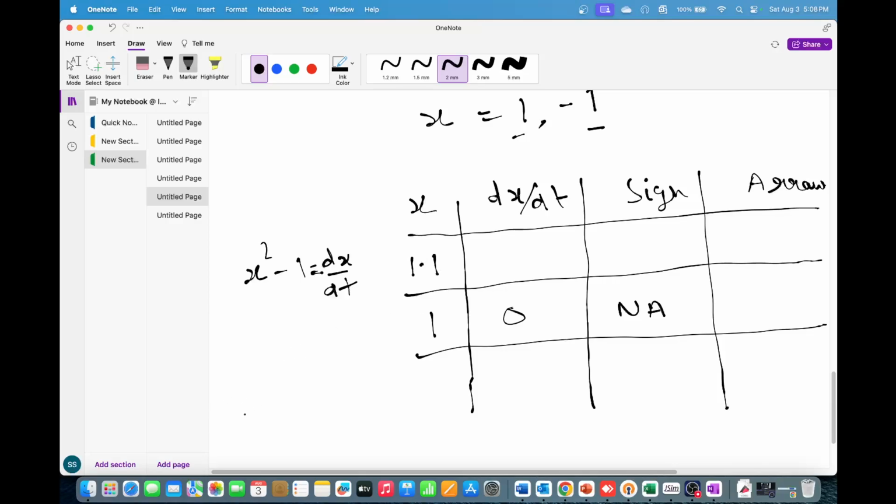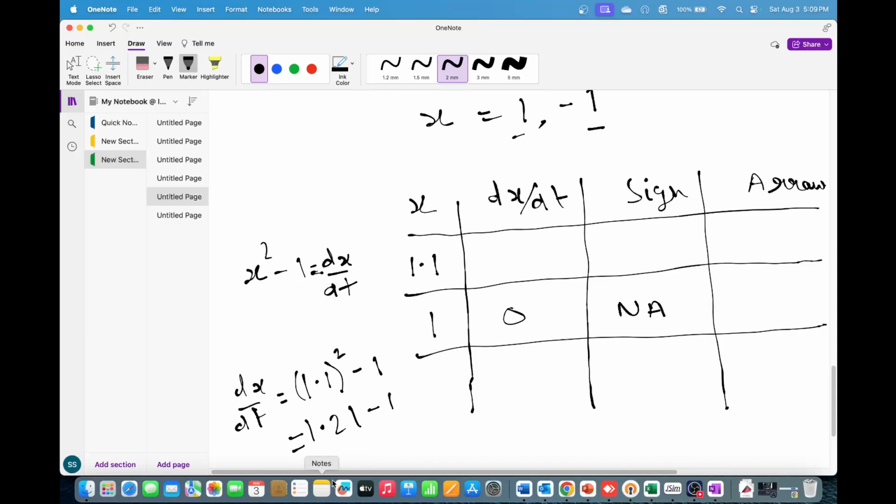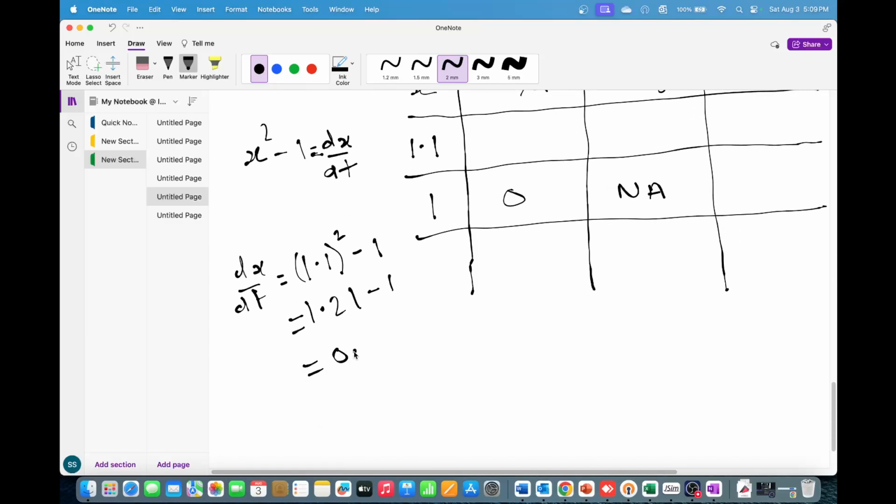Now your dx/dt becomes 1.1 whole square minus 1. So 1.1 into 1.1 comes as 1.21. So this is 1.21 minus 1, which is basically 0.21.